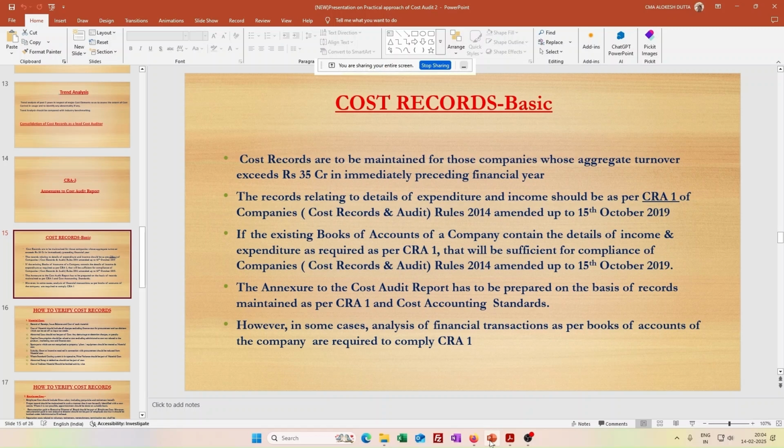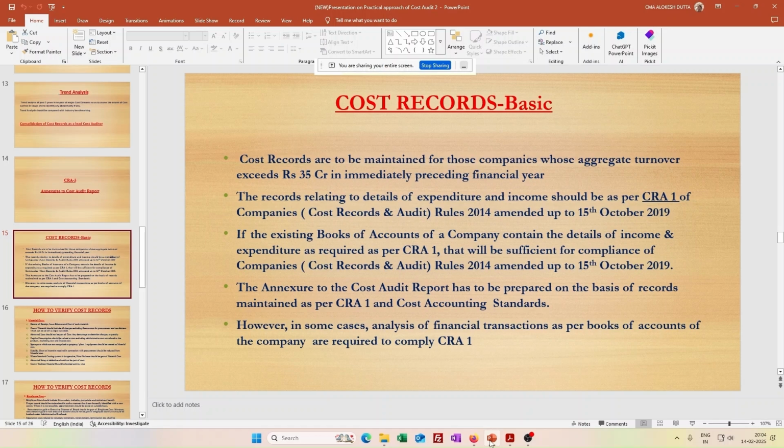Now, what about preparation of the cost records? You have to know the basic rules, basics of cost record keeping. Number one: I told yesterday also that if the turnover of any company exceeds 35 crores, and which industry comes under the purview of cost audit, it must start keeping the cost record.